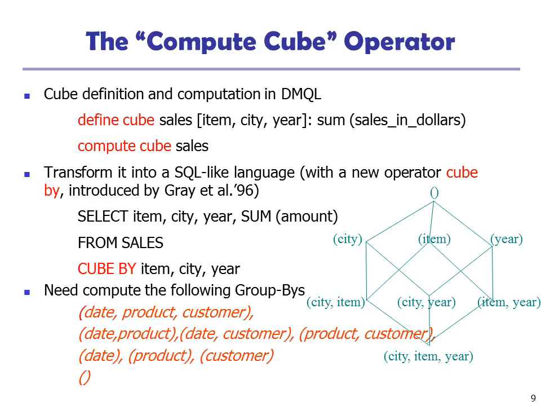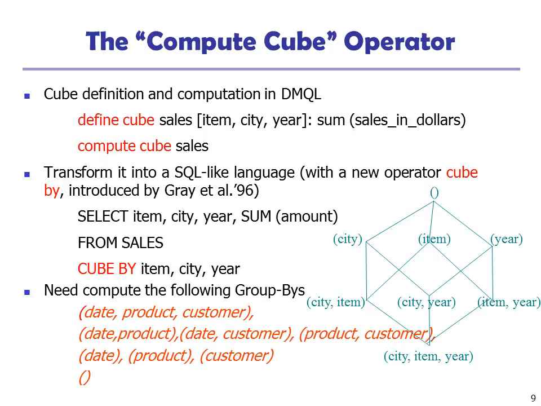But this is what it would look like. It would say select item, city, year, and then sum of amount from sales, and you're going to have to cube by item, city, and year instead of saying group by.